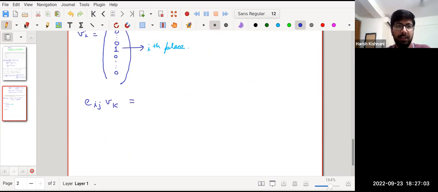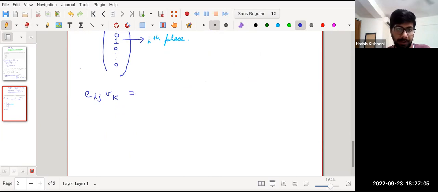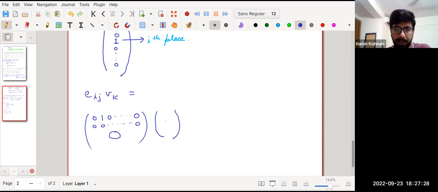Let us just try with some silly examples. So say your Eij is just E12. Okay, so it will be just 1 at second place of the first row, and it is 0 elsewhere. And here, let's say I'm putting 1 at the first place.